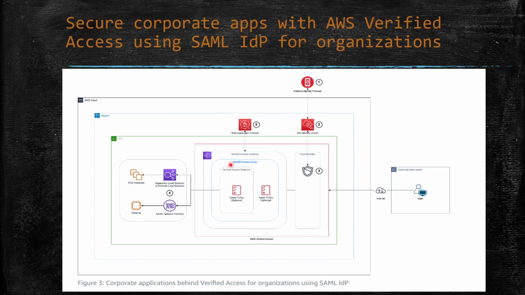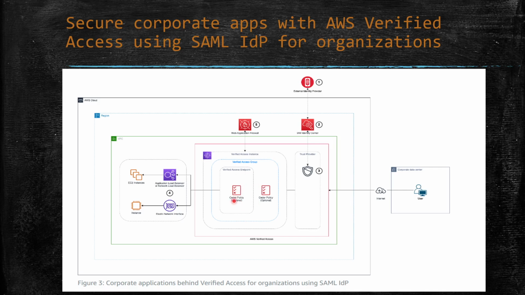In this layer, the moment the user authenticates, it comes to the WAF, and after that it also validates which country the traffic is coming from, which IP, which email address, or which devices. Whatever policy you have defined here, it checks all the policies.